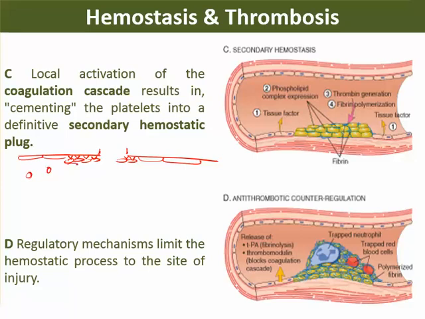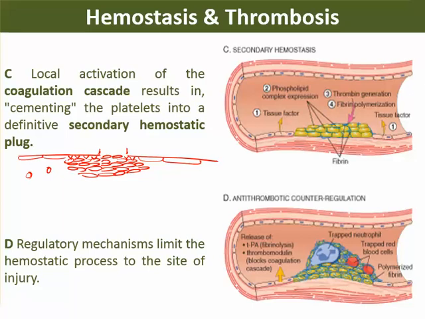Once it attaches, it becomes flat, and it forms a primary hemostatic plug, a platelet clot. So if anybody is having fewer platelets, it cannot be formed. If anybody is having drugs that will not allow the platelets to come closer, then it will not form. So the person will not have the primary hemostatic plug, and he will keep on bleeding.